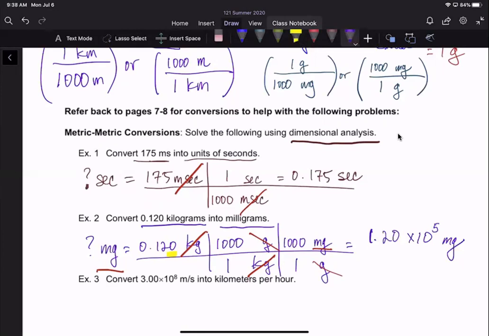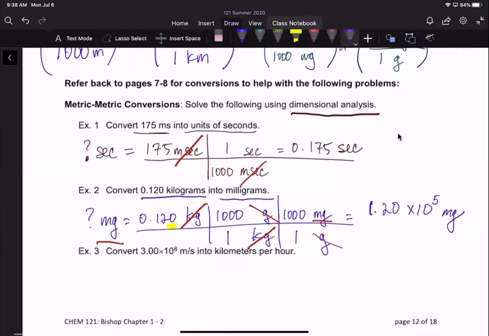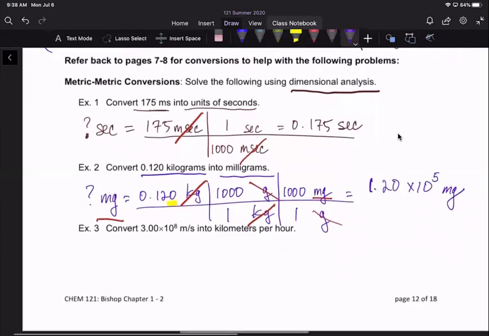Now in this third example, we have units in the numerator and the denominator that both get converted. So I'm going to look for kilometers per hour. How many kilometers per hour? And I'm going to start with this value.